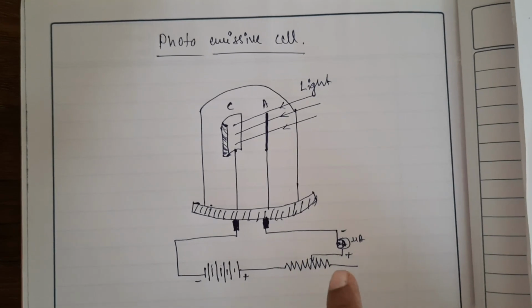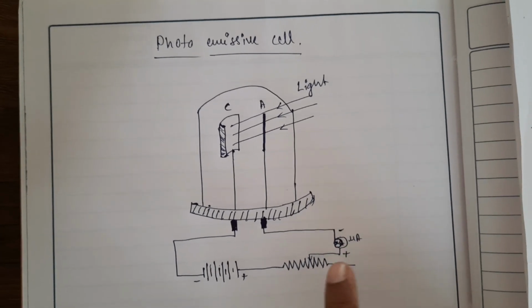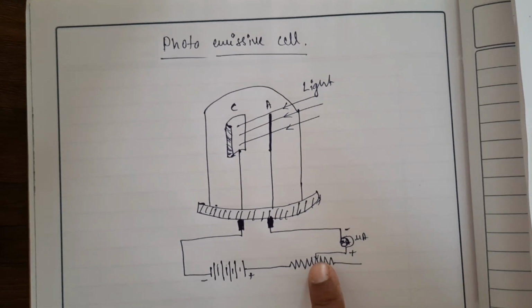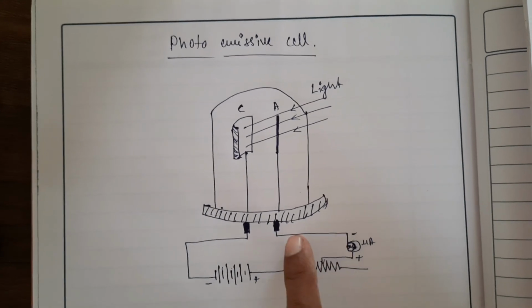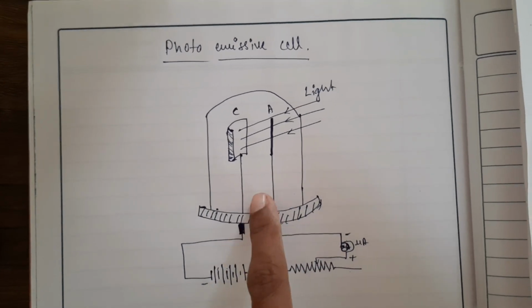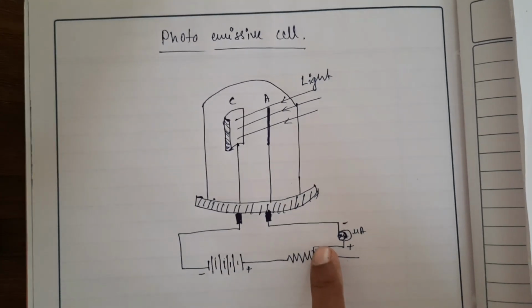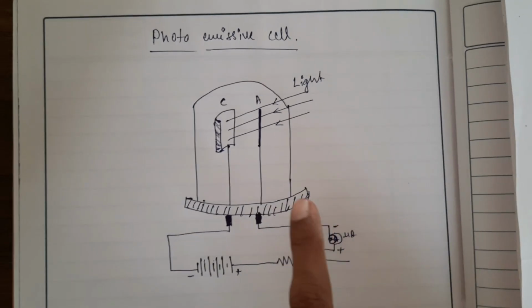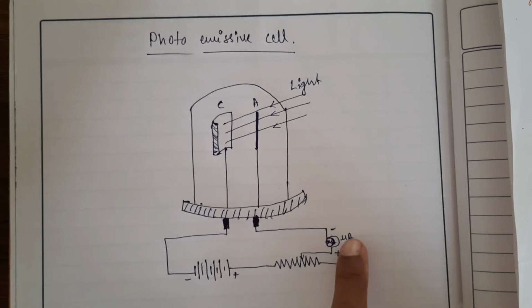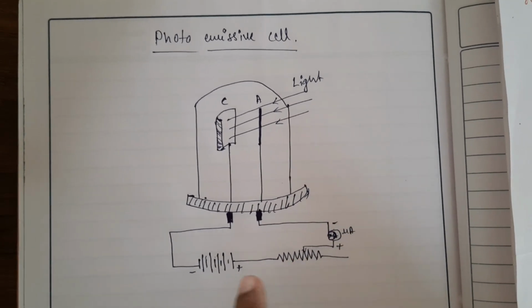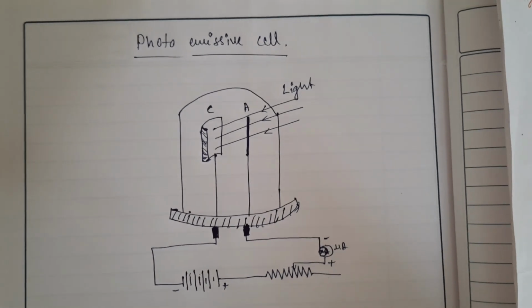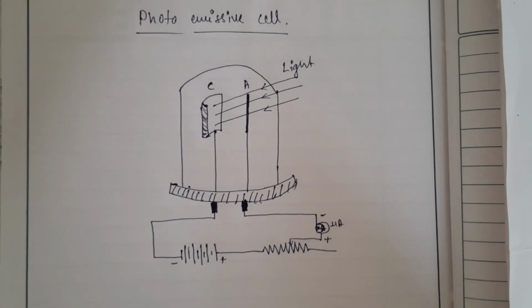In this diagram we can replace the ammeter and rheostat with a galvanometer also, to measure the small current. Here we have used the microammeter and rheostat.